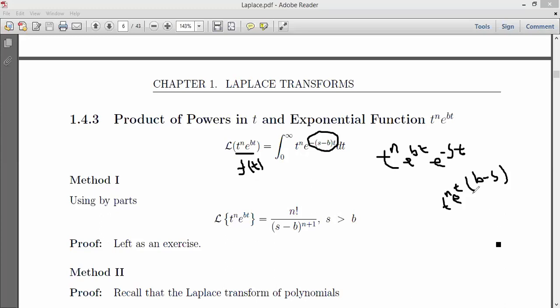But since by definition you have e to the minus st, we want to maintain that format. So if we take that s out, rather than negative out, then you'll end up with s minus b with a negative out here. And once you do that, you remember we discussed the powers of t, you end up with this one here. All right, guys, I don't want to overly bog you down with the obvious.